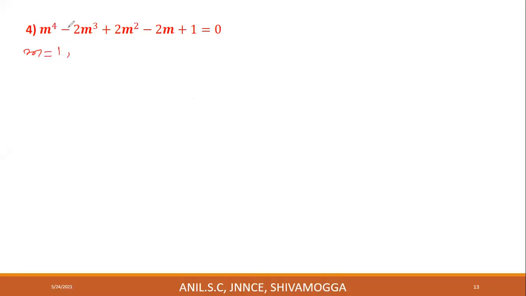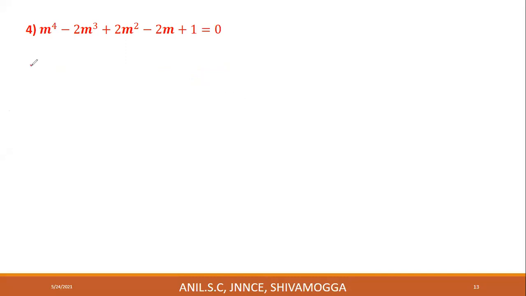When m is equal to 1, this will be 1 power 4, that is 1, minus 2 into 1 cube is minus 2, plus 2 into 1 square is 2, minus 2 into 1 is minus 2, plus 1, this is equal to 0. Clearly, this LHS is 0, therefore we get 0 is equal to 0. Therefore, we conclude that m is equal to 1 is a root.